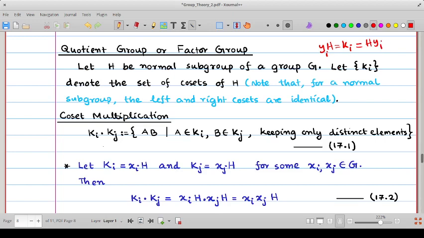So we don't have to specify whether Ki are the left cosets or the right cosets because the left coset is equal to the right coset.